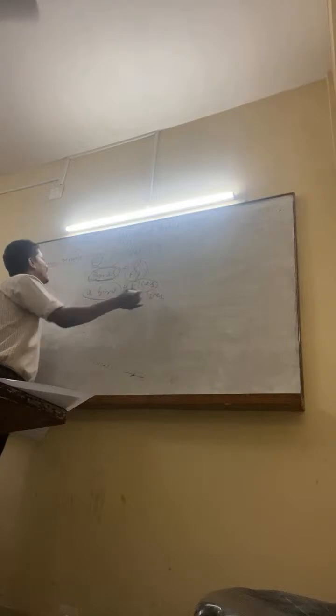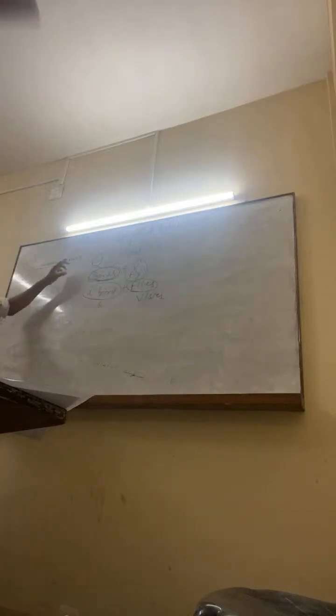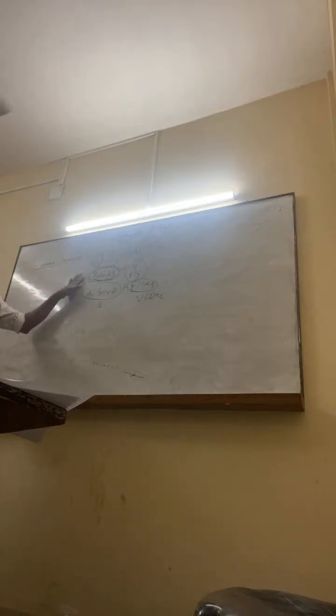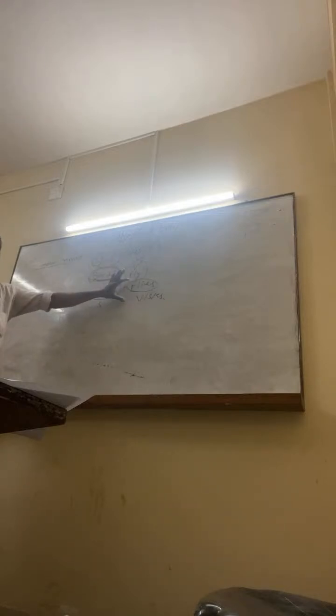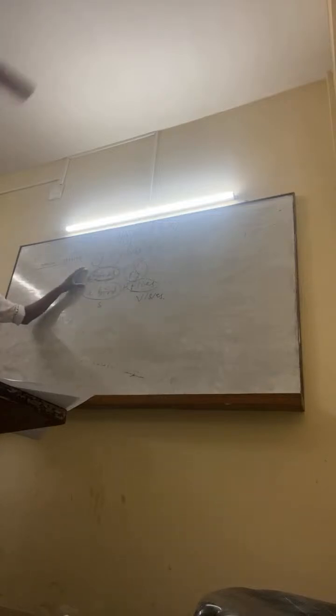Now, in that case, we understand common noun can be singular, common noun can be plural, and it is generally used as the subject of the sentence or object of the sentence. If they are used in the subject of the sentence, we need to observe whether it is a singular or plural, right? If it is a singular, then the verb will be carried with the s or es form, right? If it is a plural, then the verb will be plural.